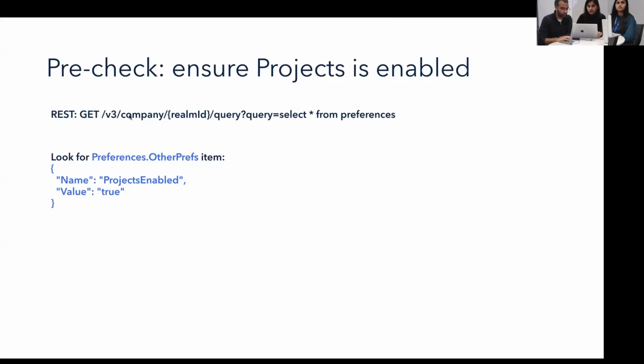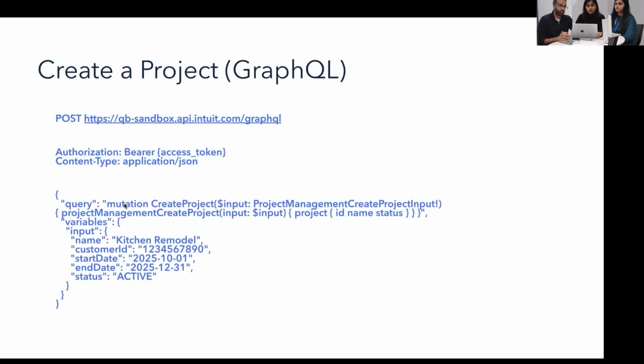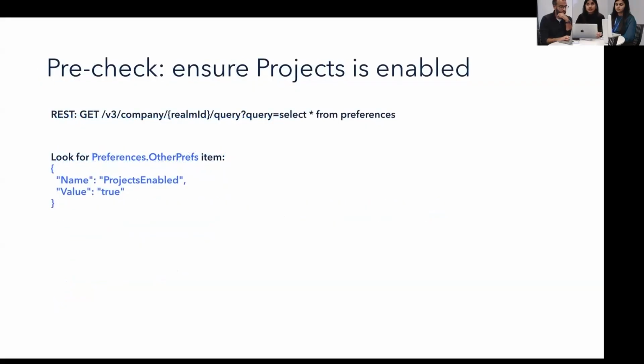You just run this query and look for preferences dot other preferences item and see to it that the project's enabled is true. If it is true, you're good to go and can make the project's API call. If it is false, you'll have to enable the necessary scopes. You can also add this pre-check as a validation in your use case.